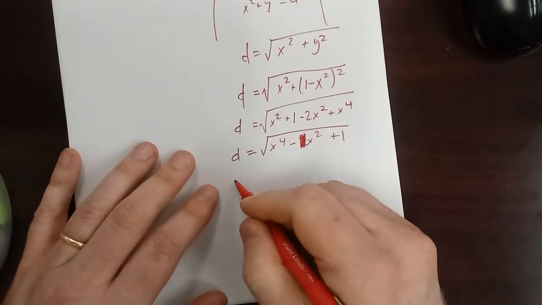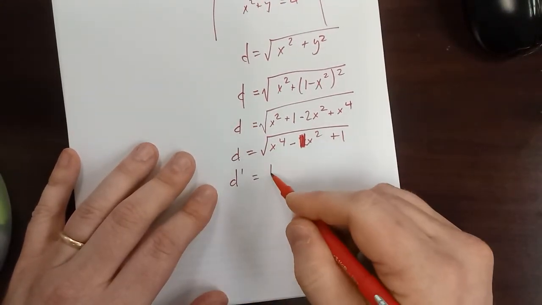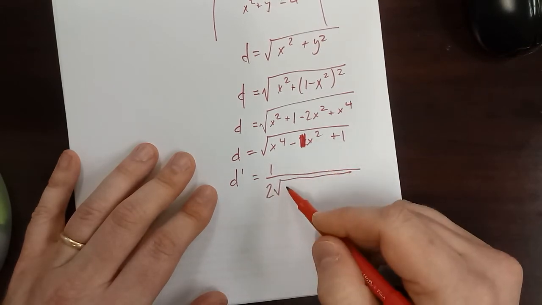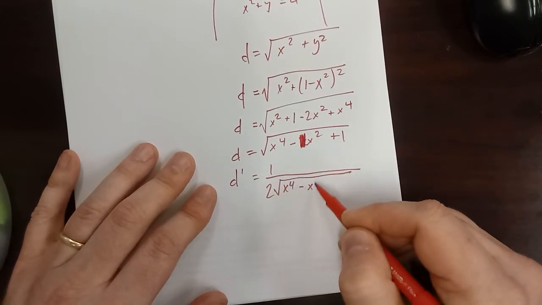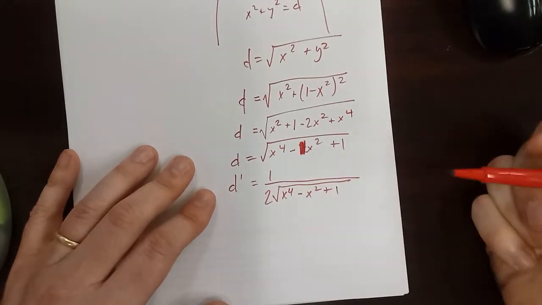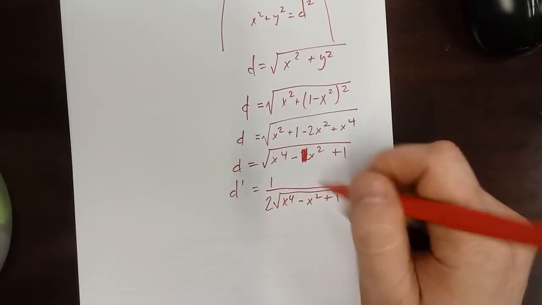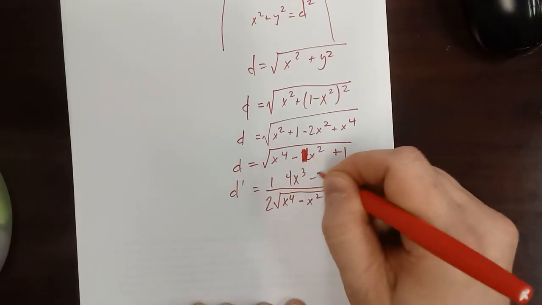Now when I take the derivative, remember that the pattern for square roots is 1 over 2 square root. And then we just multiply the top by the derivative of the inside, which is 4x cubed minus 2x.